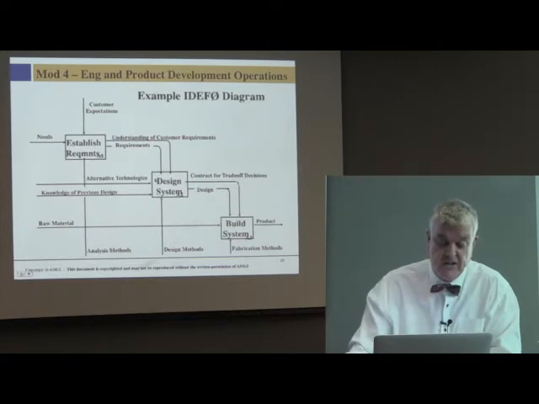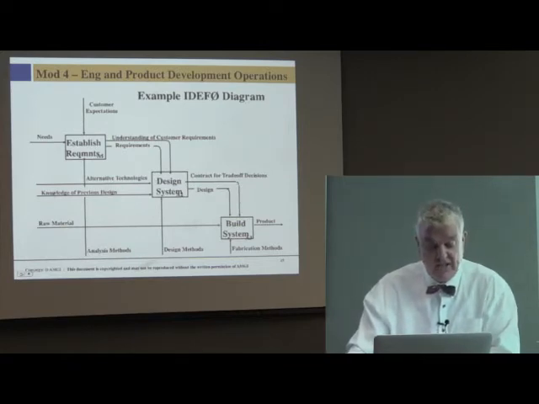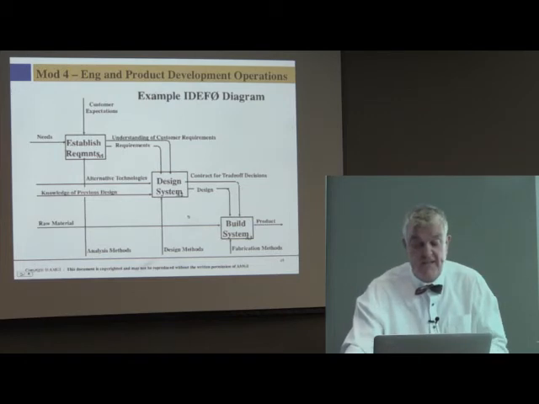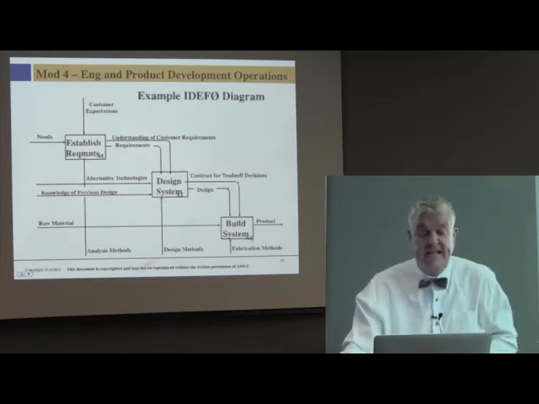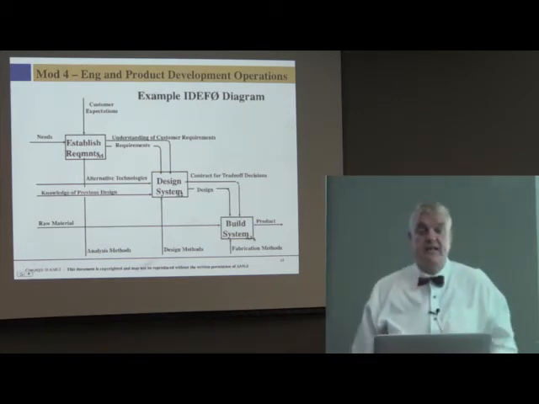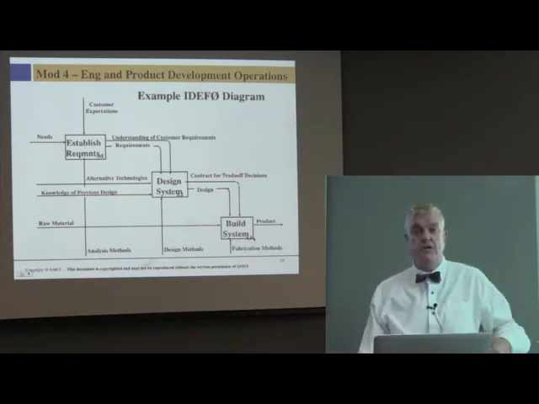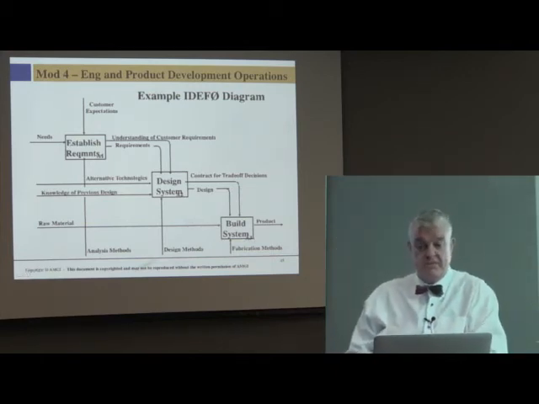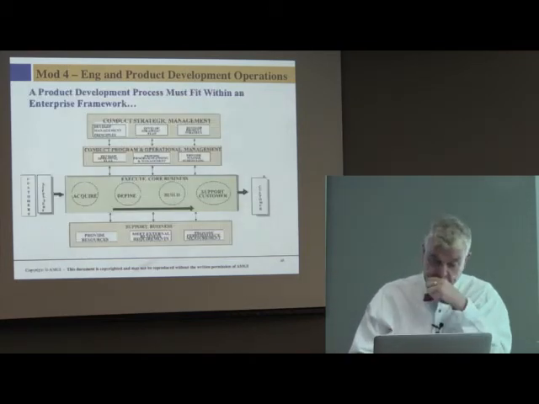Then you consider alternative technologies going in, the knowledge from previous designs going in. The output is a design. And then the raw materials go to the manufacturing system, and out of it comes a product. So this is the way the IDEF modeling tool works, and I use that in order to model whole aerospace enterprises and document all their sub-processes and sub-processes, and I'll share that with you.